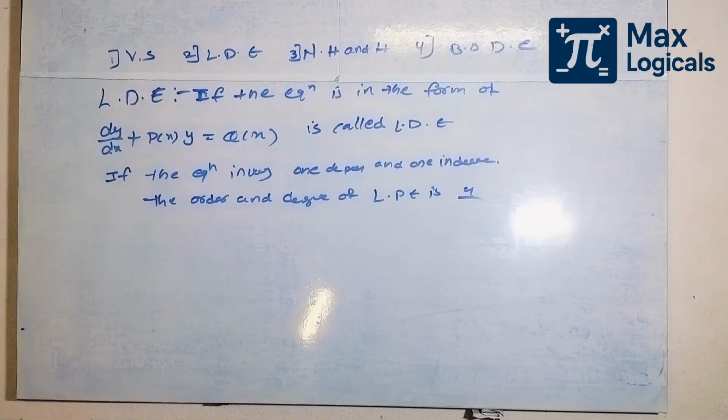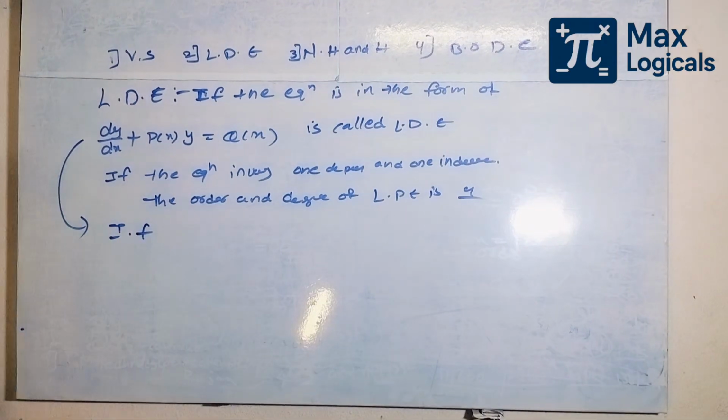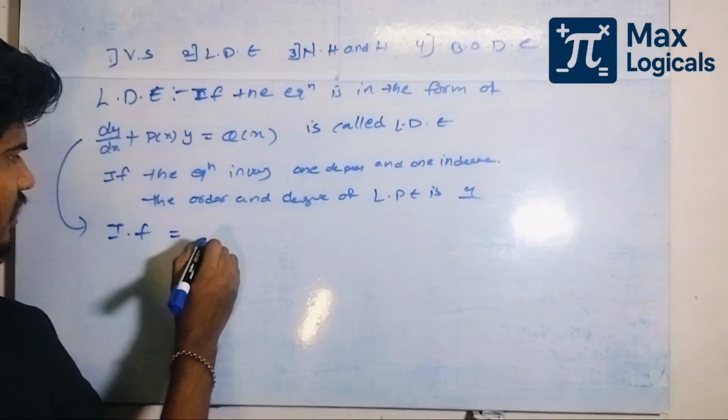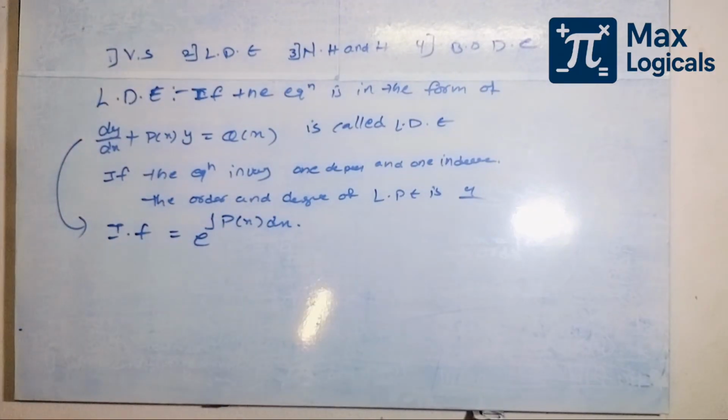Now, how do we find the solution of this differential equation? First of all, we find the integrating factor. The formula of the integrating factor is e power integral p of x dx.